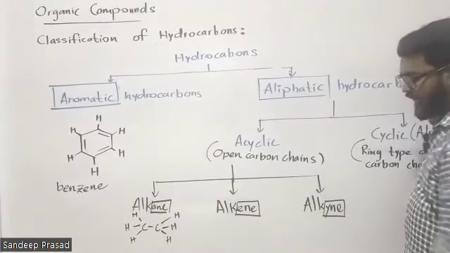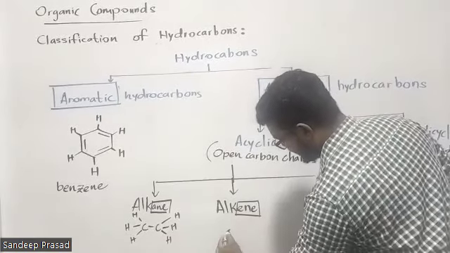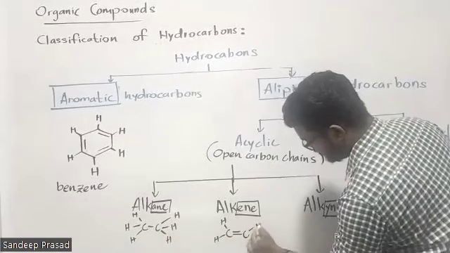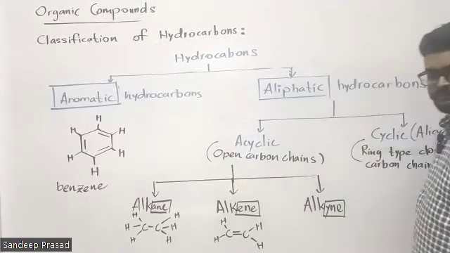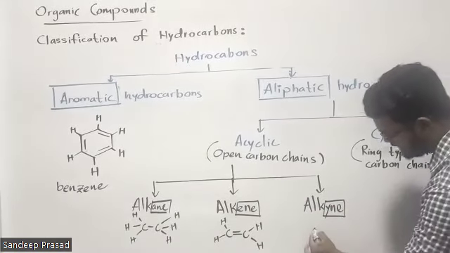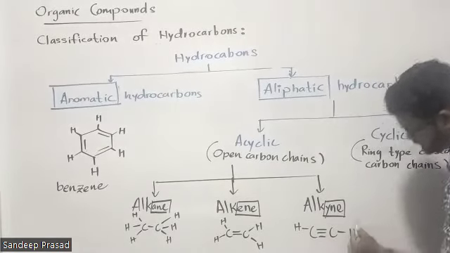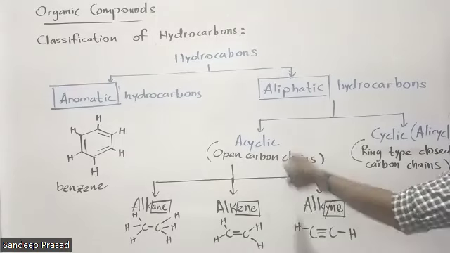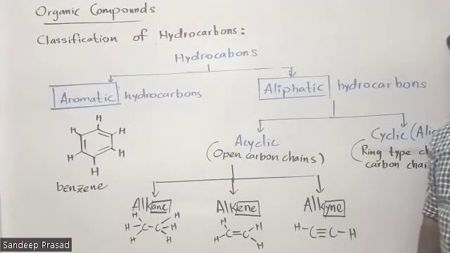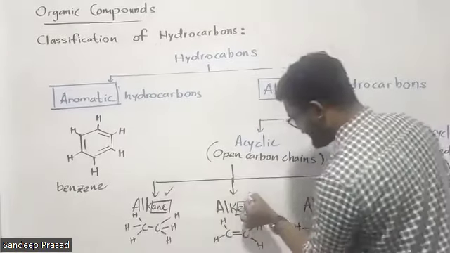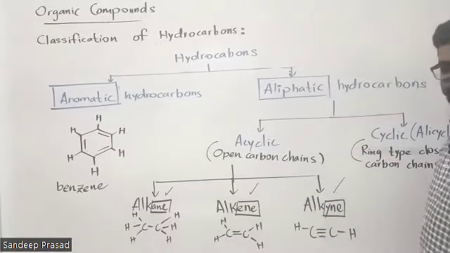Got it? Alkenes can be identified because a carbon-carbon double bond is there. Alkynes can be easily identified because a carbon-carbon triple bond is there. That's all, and the hydrogens are connected to the relevant carbon atoms. This is the way you can identify alkanes, alkenes, and alkynes.